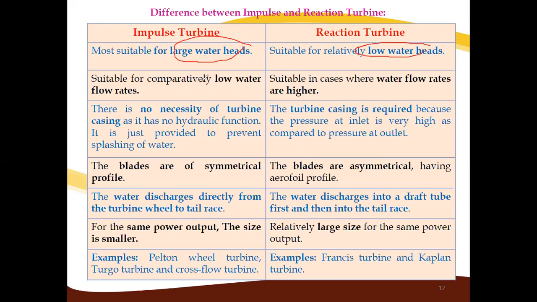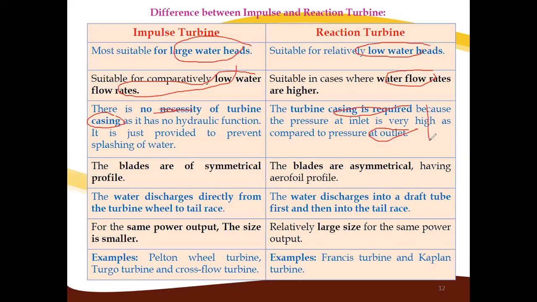Next, the impulse turbine is suitable for comparatively low water flow rates, but in a reaction turbine, we require more water flow rate. Next, in an impulse turbine, there is no necessity of a turbine casing because we convert the pressure energy of water into kinetic energy by means of a nozzle. In a reaction turbine, there is a casing requirement because the pressure at the inlet is very high compared to the pressure at the outlet.